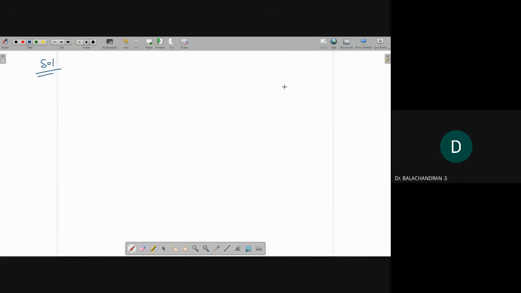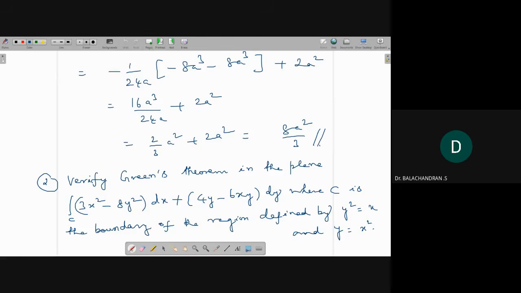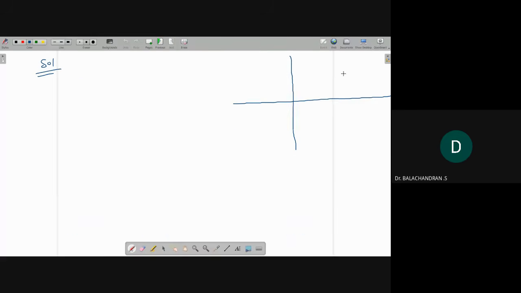So first, before going to the solution, I'll draw the diagram. So what are the two curves? y square equal to x and x square equal to y. So this is y square equal to x, and this is x square equal to y.